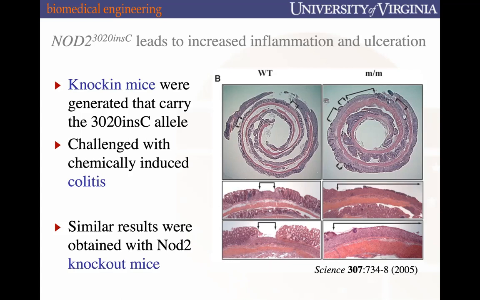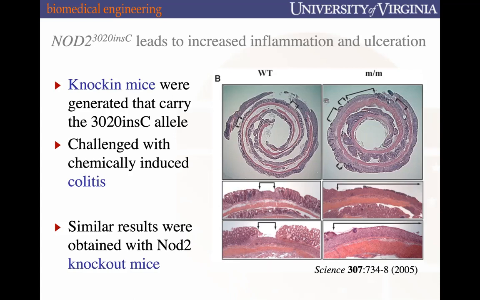So this mutation seemed to have a really robust and effective ability to induce colitis as compared to a normal allele wild type mouse. And this was no different than if you completely delete the NOD2 gene. So that small mutation had the same phenotype as completely deleting the gene itself.